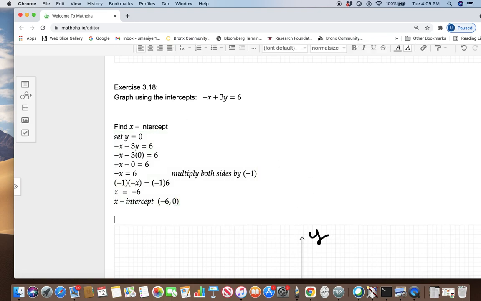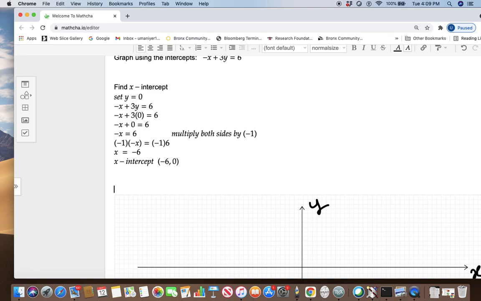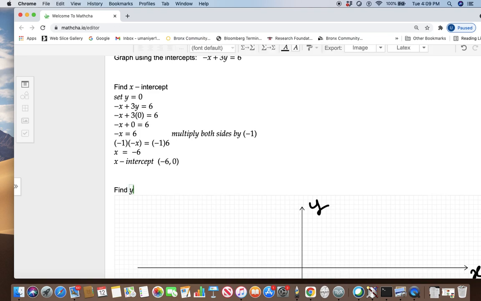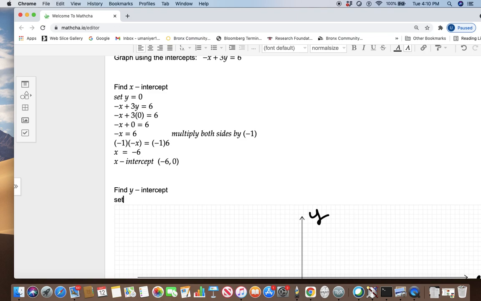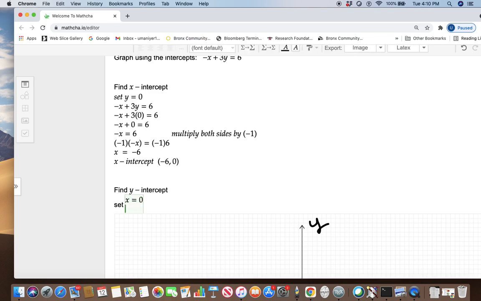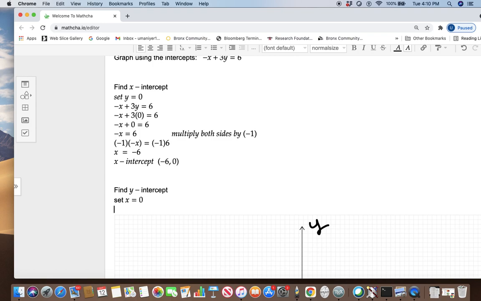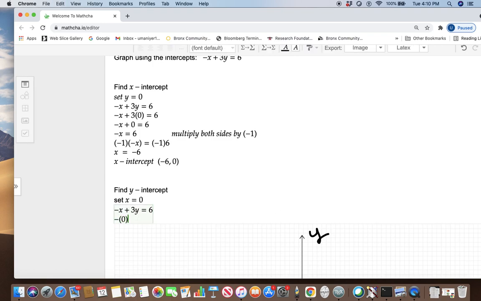All right. Next, find the y-intercept. To find the y-intercept, set x to 0. Set x to 0 in this particular original equation.